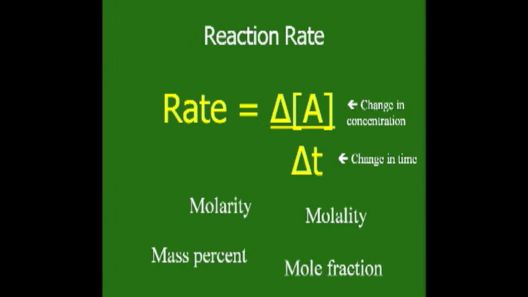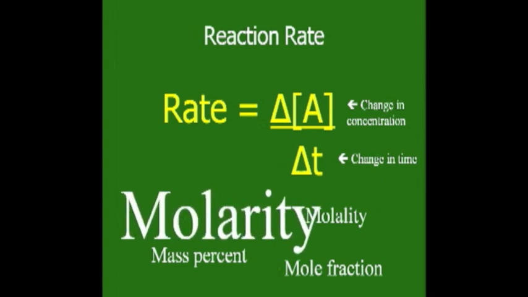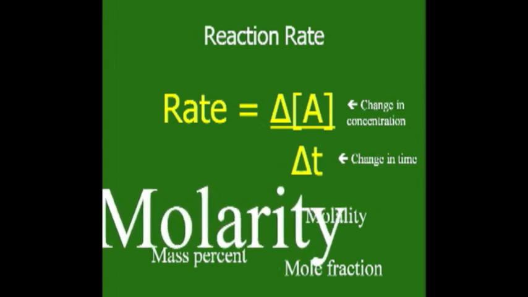These are all ways of describing the particles of solute relative to the amount of solvent or solution as a whole. For consistency's sake, chemists choose to use molarity when discussing kinetics. So, when describing how fast a reaction happens, we will look at moles of particles per liter of solution.